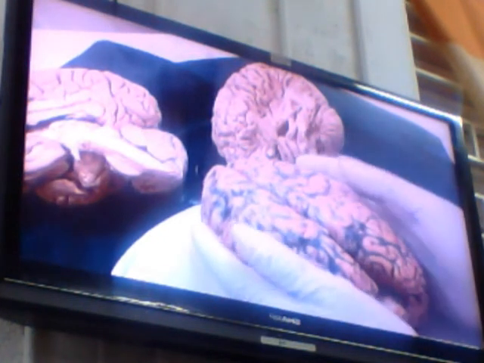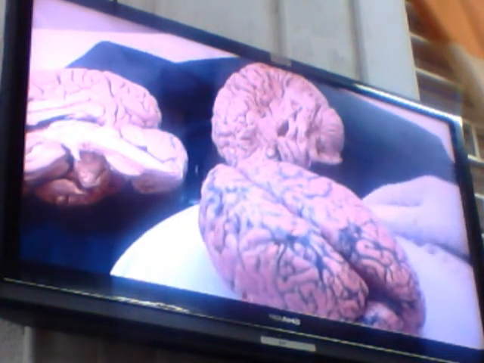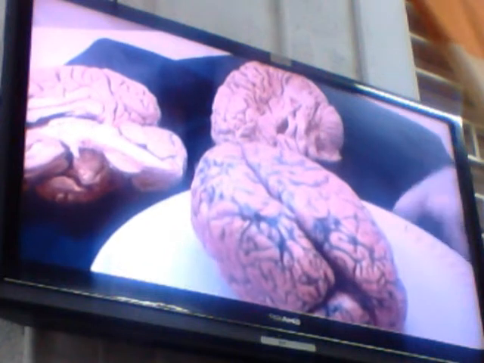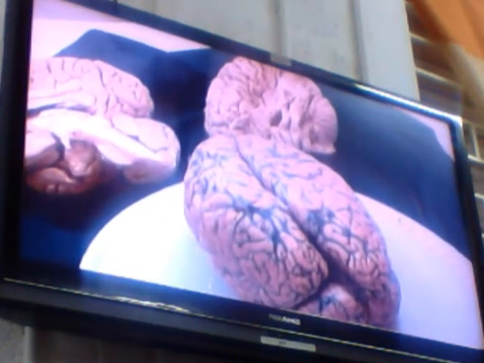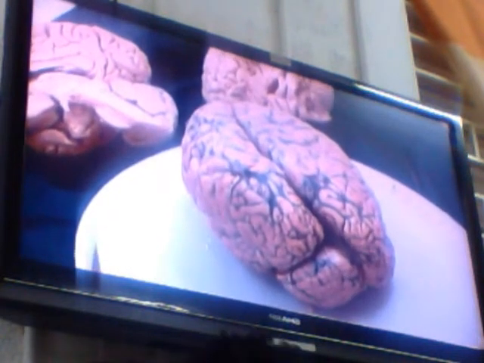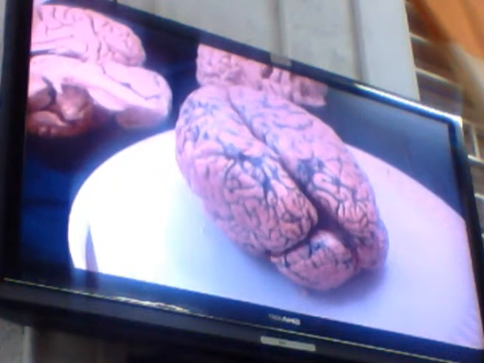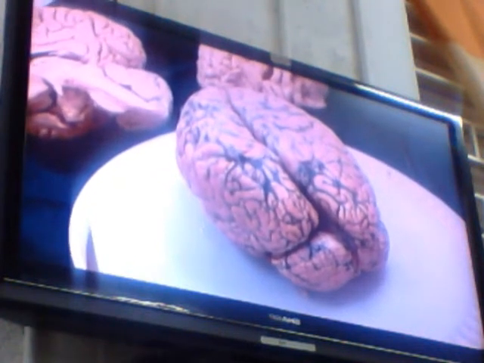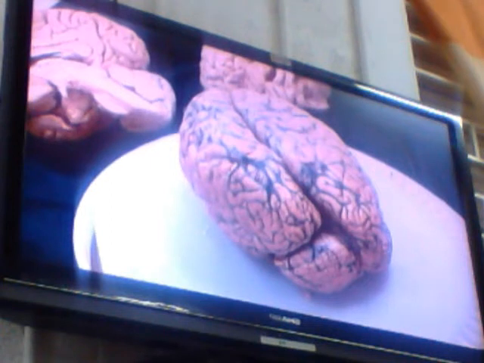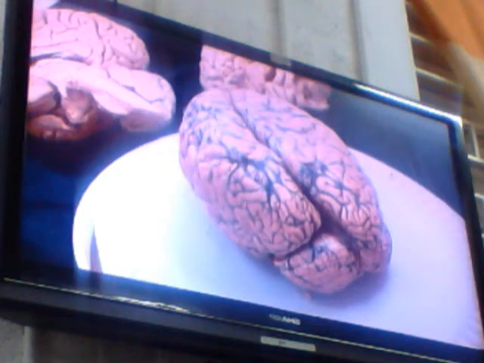But the weight of the brain on this plastic thing that I have here is a problem. If the brain were resting on the skull like this, we would be dead. Why? It would be compressing all the gray matter underneath.